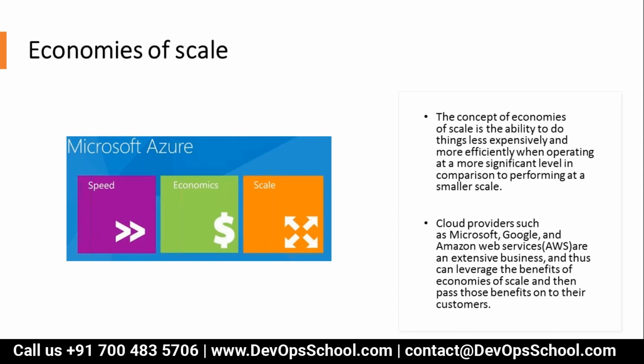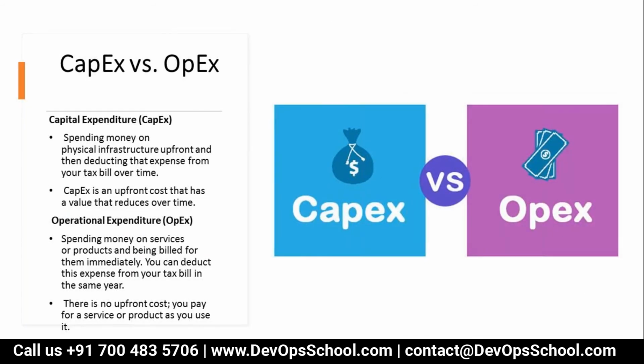Clear? Now we are going to discuss the two types of expenditure in cloud, or especially IT infrastructure. Venkat, you are working on a migration project, right? So you must know about budgeting, capital expenditure, operational expenditure, and how we can give the best deal to the client while moving towards the cloud.